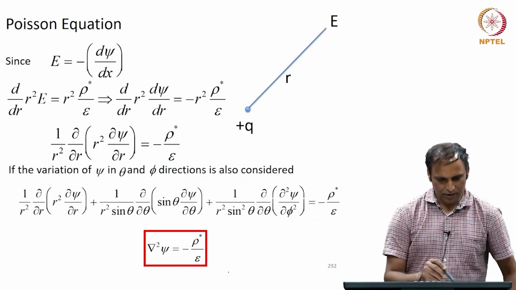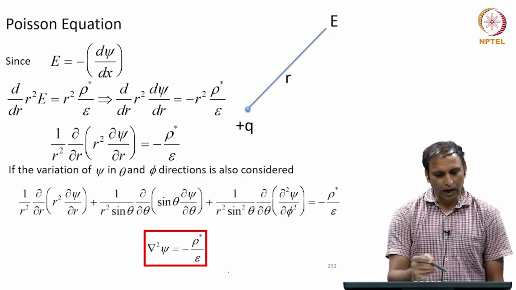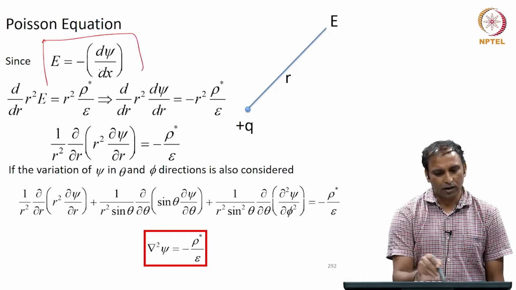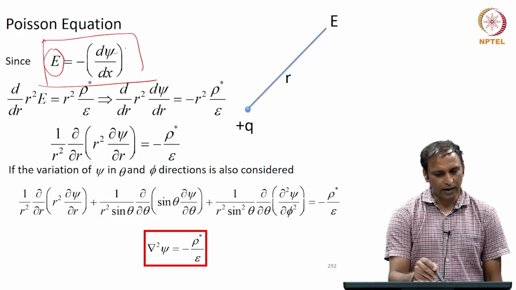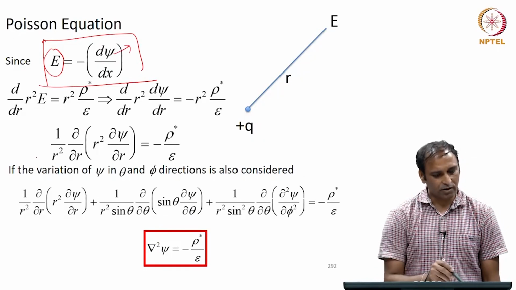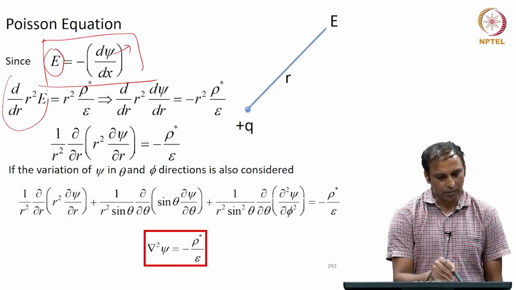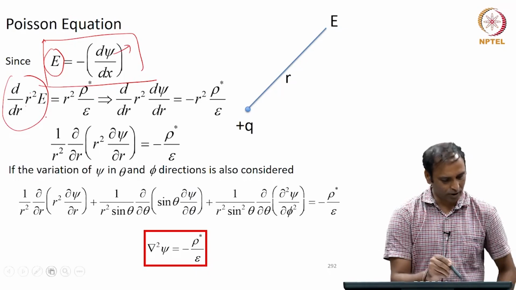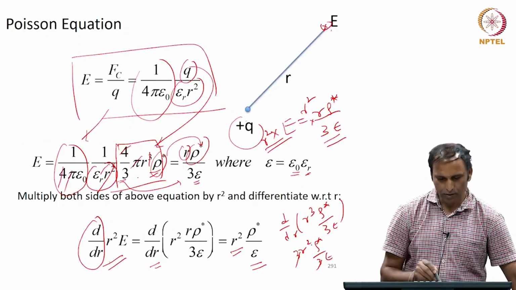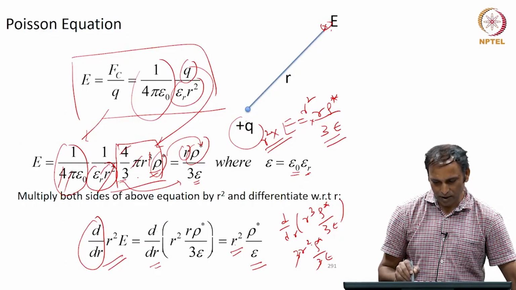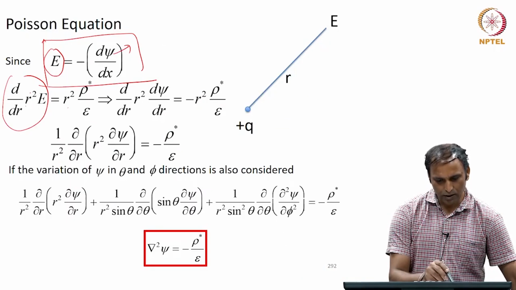Now that I know that there exists a relationship between the electric field and the potential, the left hand side is going to remain the same, d by dr of r square into epsilon E, that comes from here, and the right hand side is going to be r square rho star.